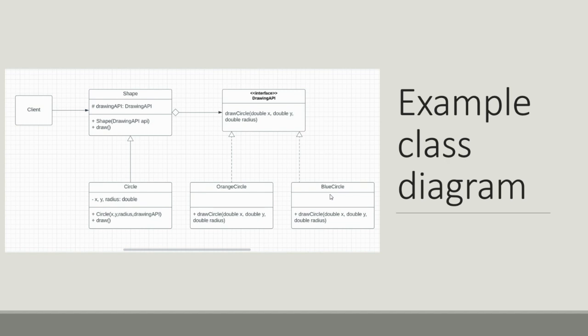So the interface is going to implement orange circles and blue circles. But this is the purpose of the design pattern. You can have only a shape, and you can have multiple classes extending from shape, like circle, triangle, rectangle, whatever shape you want. And the implementation, the drawing API, should be able to draw any type of those shapes.